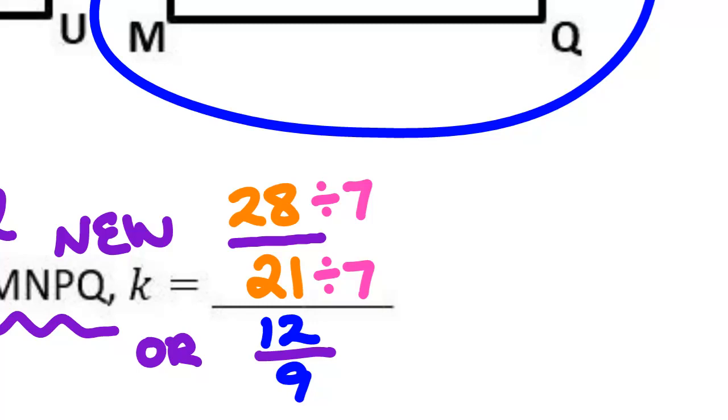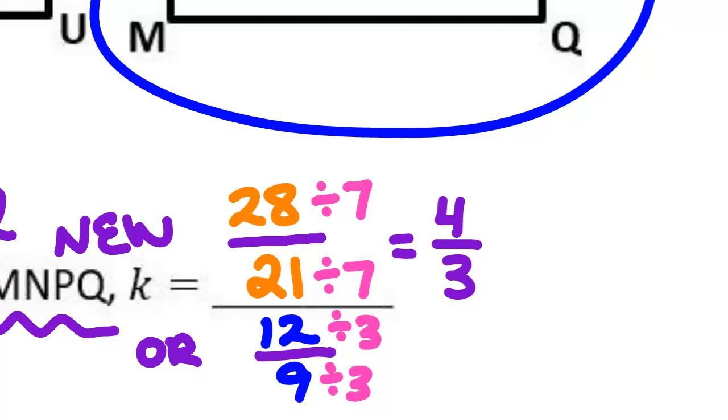Yes, and you get 4/3 when you do that. Same with the other one, only what are you dividing by that time? That one you can divide top and bottom by 3. 12 divided by 3 gives us 4. 9 divided by 3 gives us 3. So I get 4/3 either way.